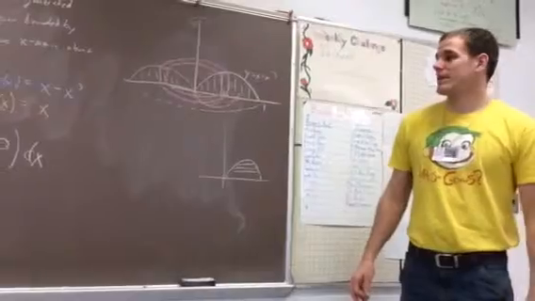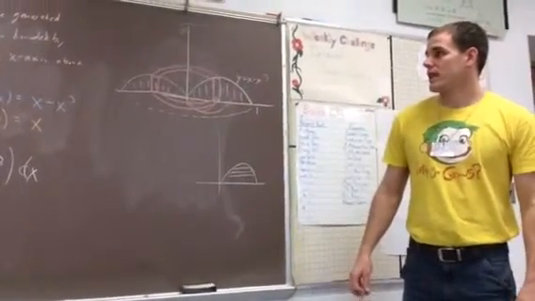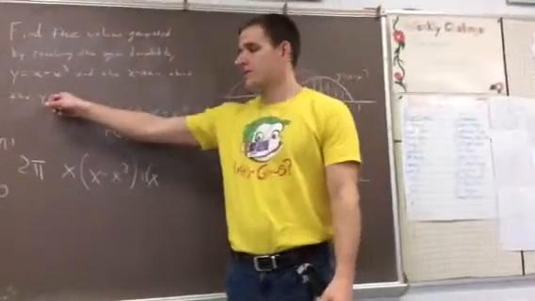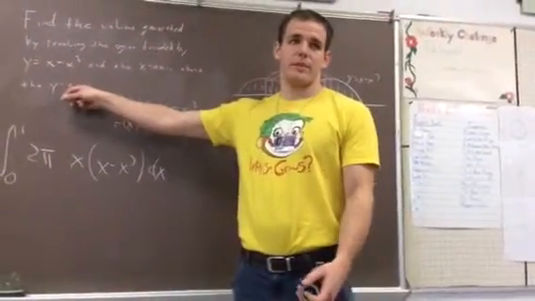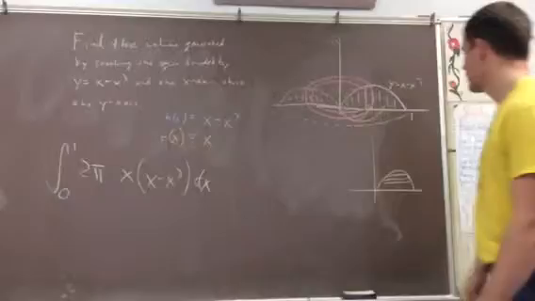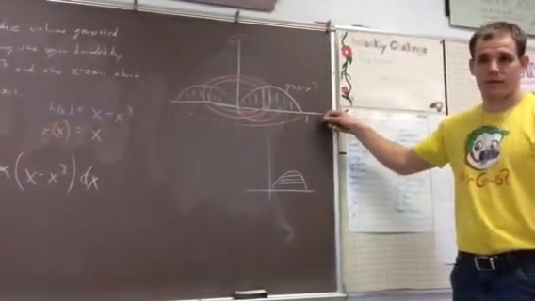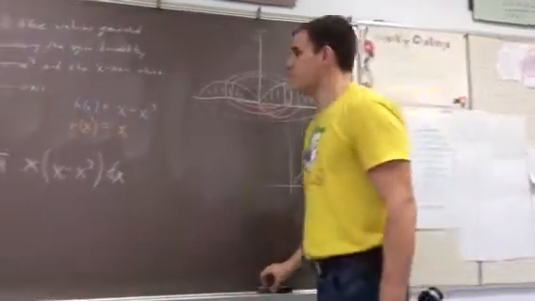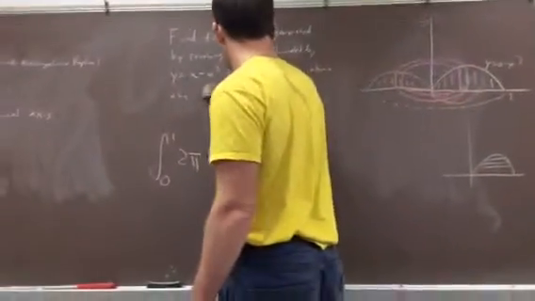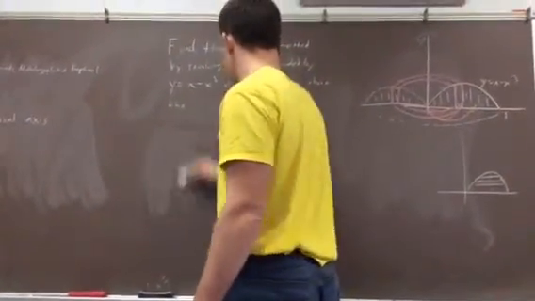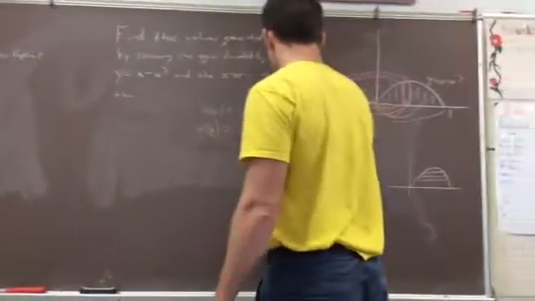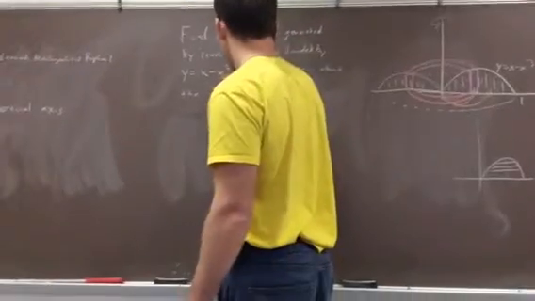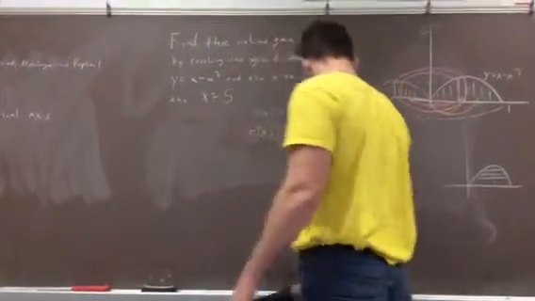What we're going to do now is spin it on something other than the y-axis. So what if I were spinning around something over here? What would the radius be then? So let's spin it around the line x equals 5.